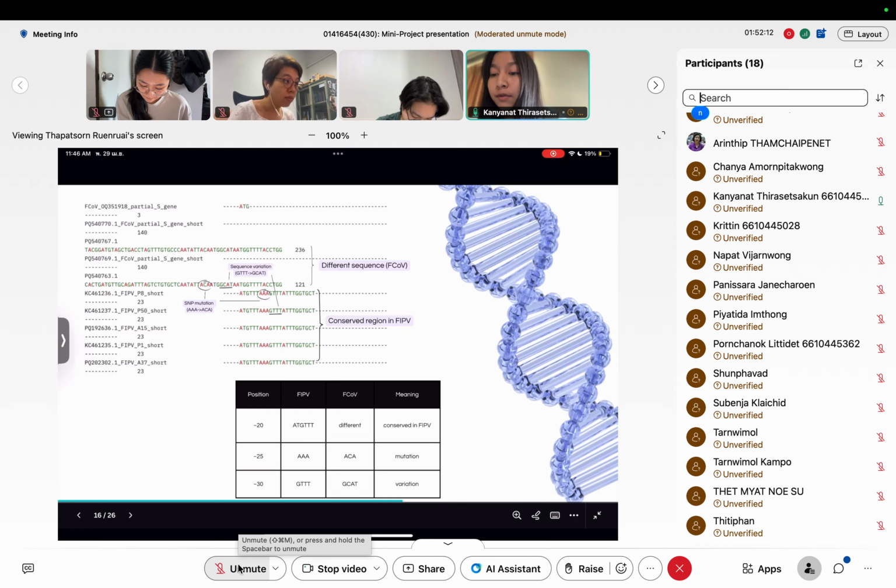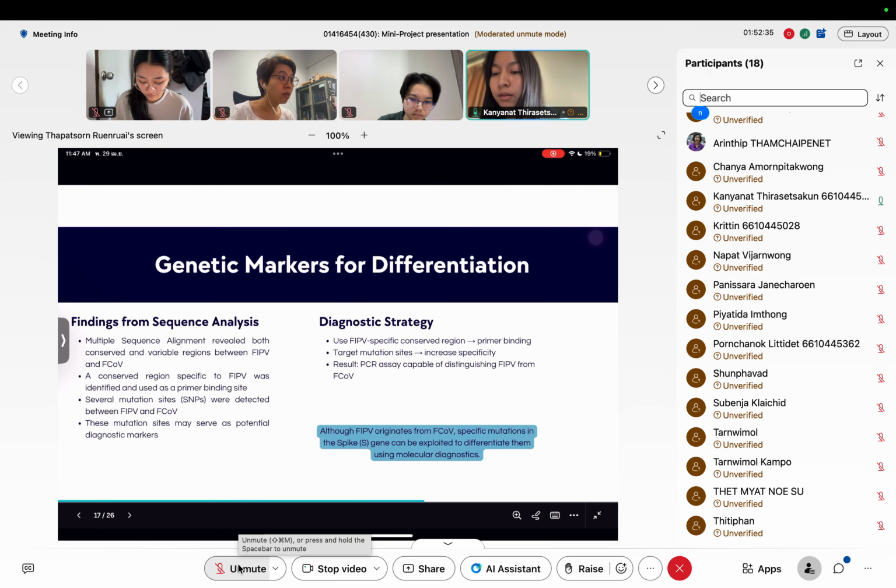We also identify a sequence variation from TTT to GCAT, which highlights genetic differences between FCoV and FIPV. The table below summarizes the key positions. And next slide.